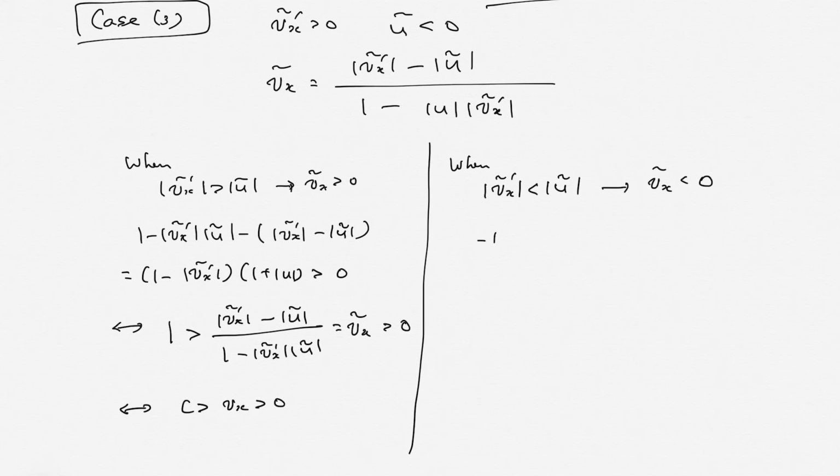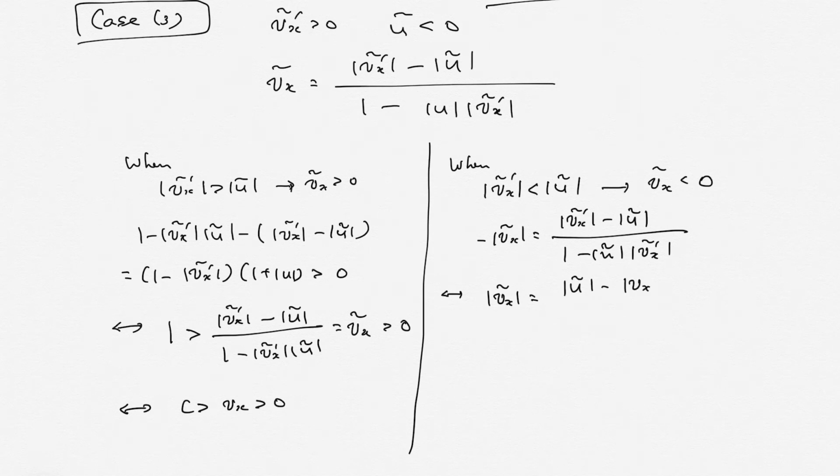So this becomes minus v sub x tilde, and the absolute value is u tilde minus v sub x prime tilde over 1 minus u tilde v sub x prime tilde.